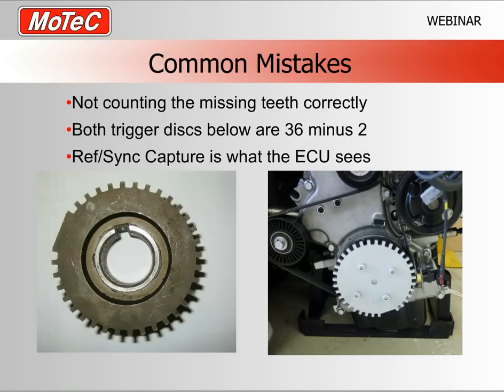So what I would suggest is if you have either of these 2 types of crank triggers, the ref sync capture is more friendly to you than actually counting the physical number of teeth, because I've had people make many a mistake by misinterpreting it and sending us information that wasn't quite right. So the ref sync capture is what the ECU sees. That's how you should be setting it up.